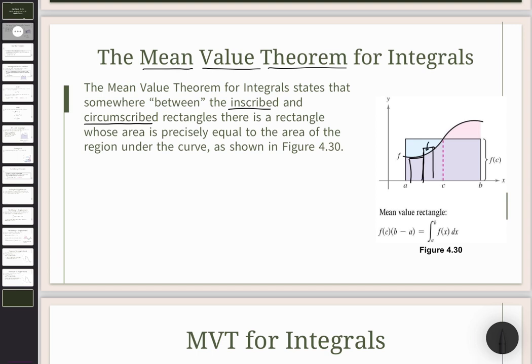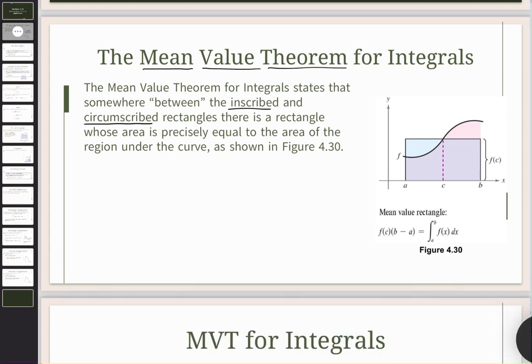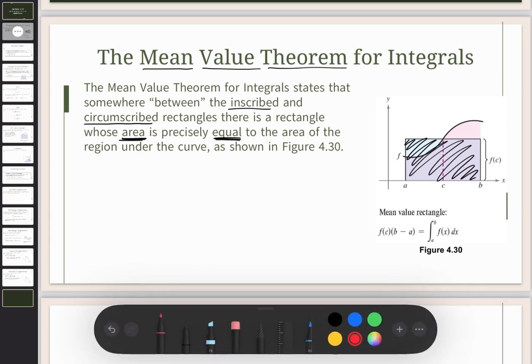It's outside of your curve, right? So somewhere between those two, there must be a rectangle whose area is exactly equal to the area of the region. So we are saying that the area of this blue shaded rectangle right there must be exactly equal to the area of the whole region under this curve.